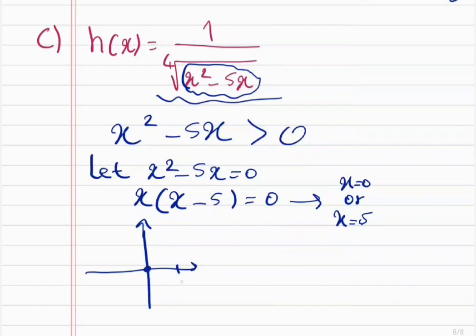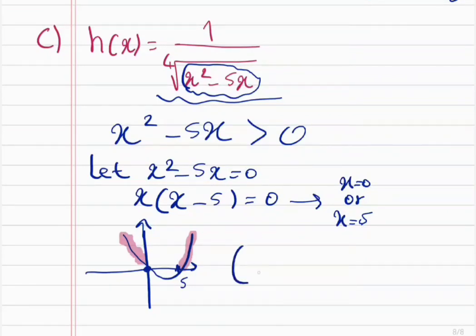So this is 5, and you're going to have something like this. Now, as you can see, we want the regions that are greater than 0. Just to highlight that, here is greater than 0, and also here is greater than 0. So these are going to be the solutions to this inequality.